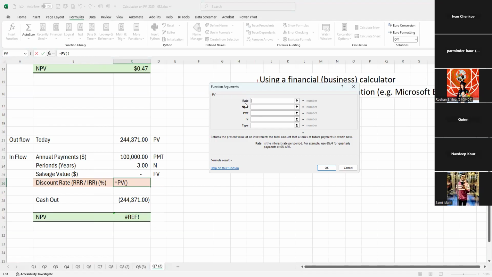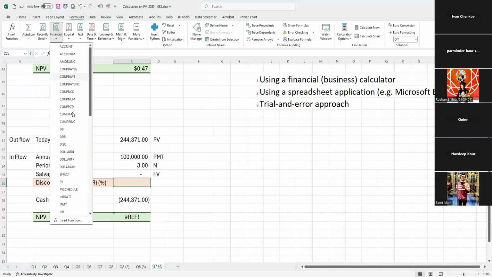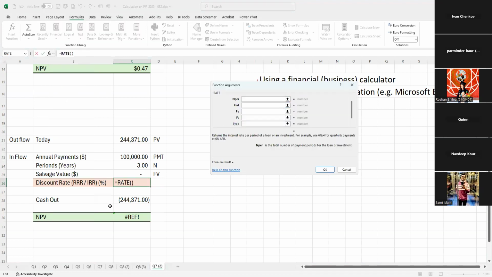So if we're chasing rate, then this formula is not going to work. But which formula do we have to use now? The formula that calculates the rate. Make sense? So where is the rate? Oh, right here. So if I use this formula, I should be able to get the rate.